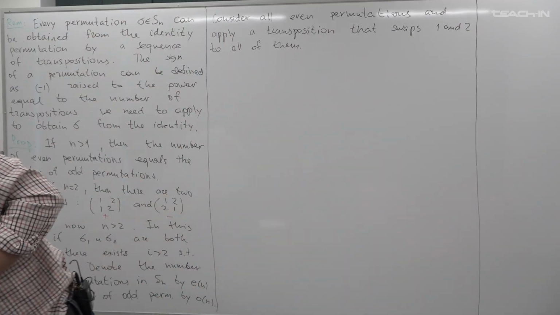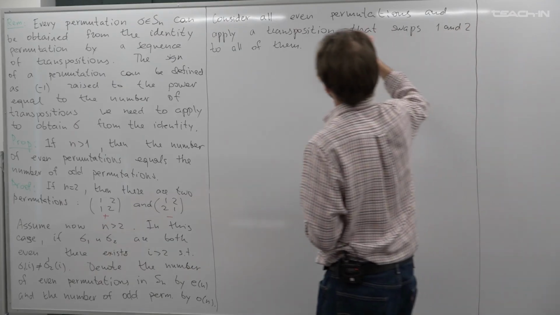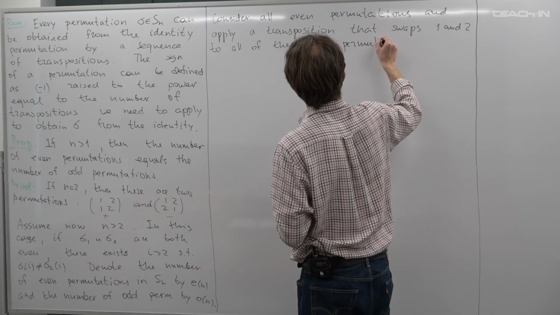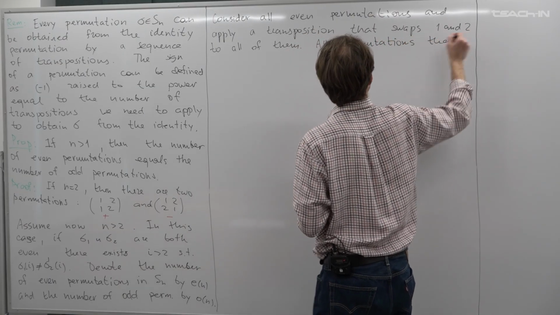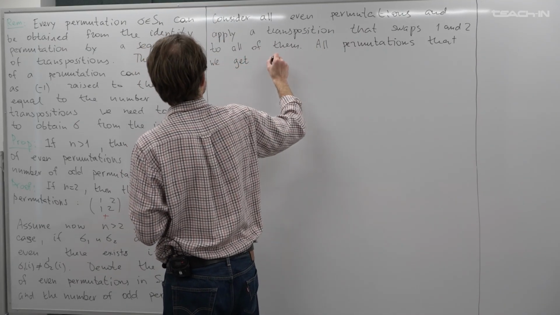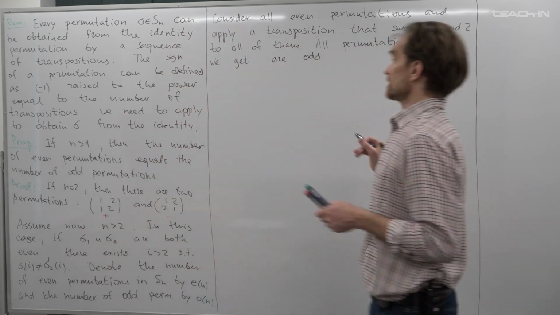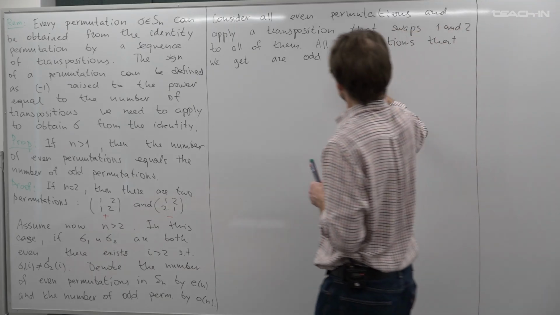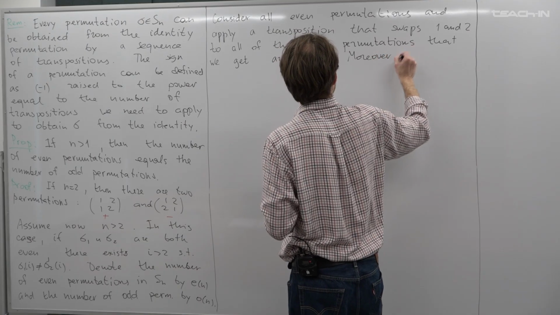So according to the statement that we proved before, all permutations that we get by doing this are odd, just because each transposition changes the sign. Okay, and moreover, they are different.